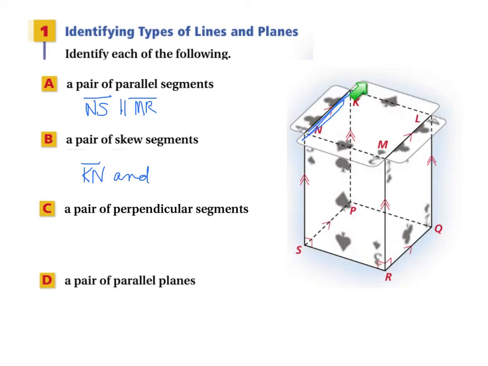So KN, we could say, now we can't say NS because they intersect right here. We can't say KP because it intersects. But I can say segment MR. Notice that right here, KN and MR, they're not parallel, they're never going to intersect, and they're not even in the same plane.